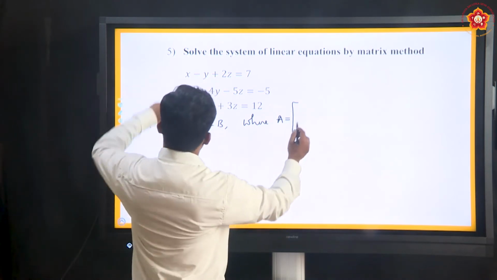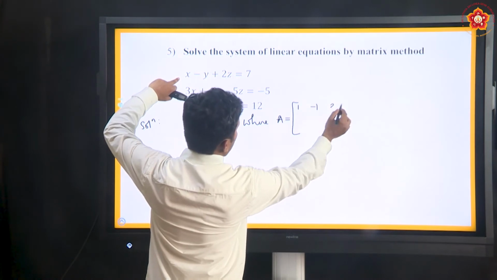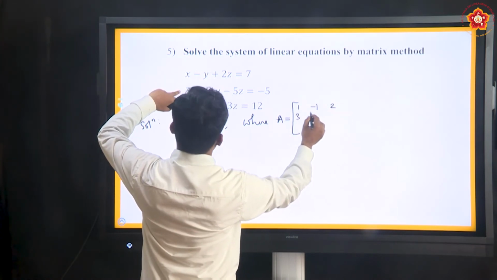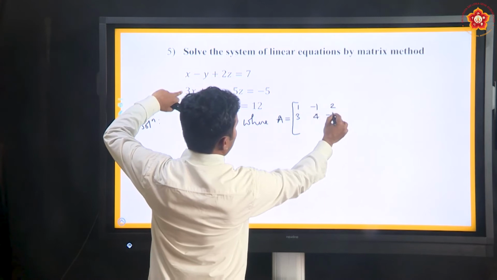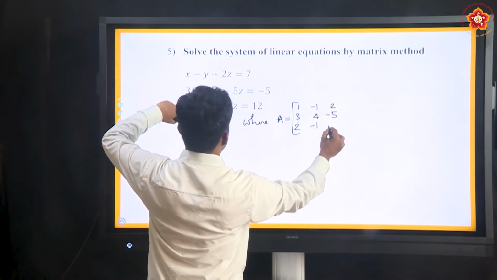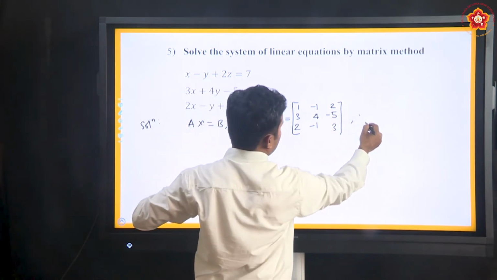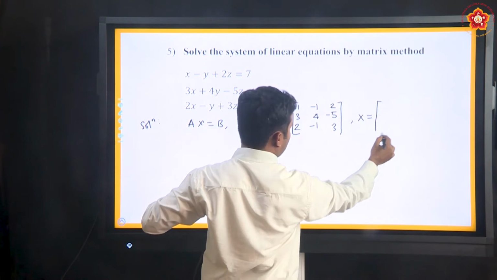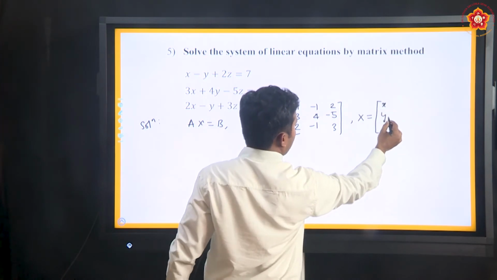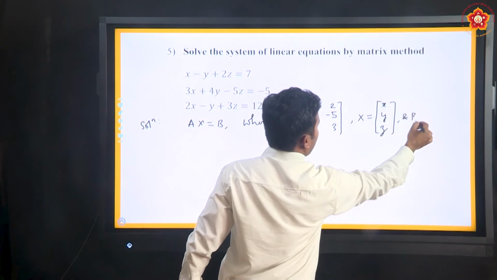So, what is A? A is [1, minus 1, 2; 3, 4, minus 5; 2, minus 1, 3]. And what is X? X is the matrix of variables x, y, z. And what is B?